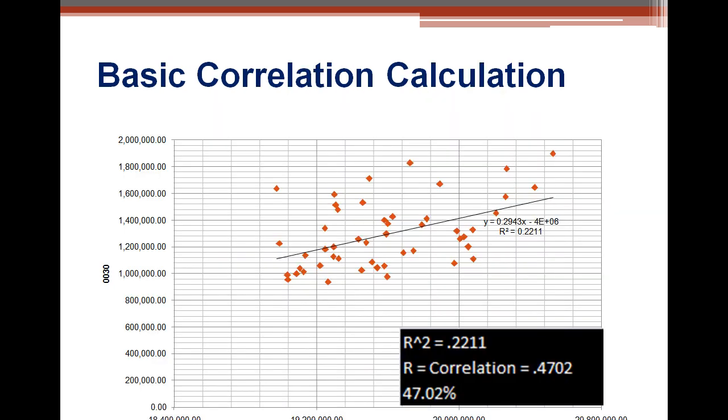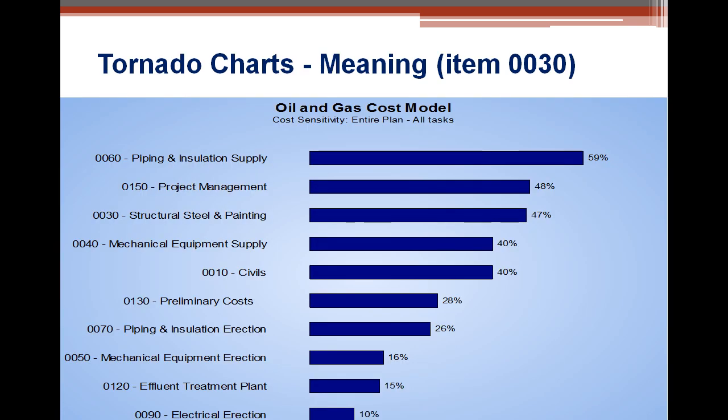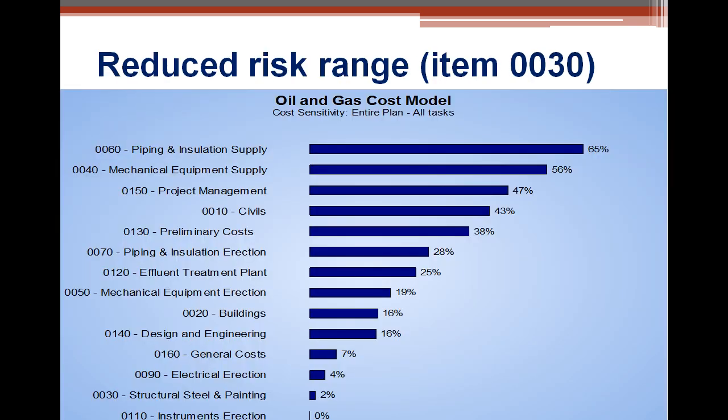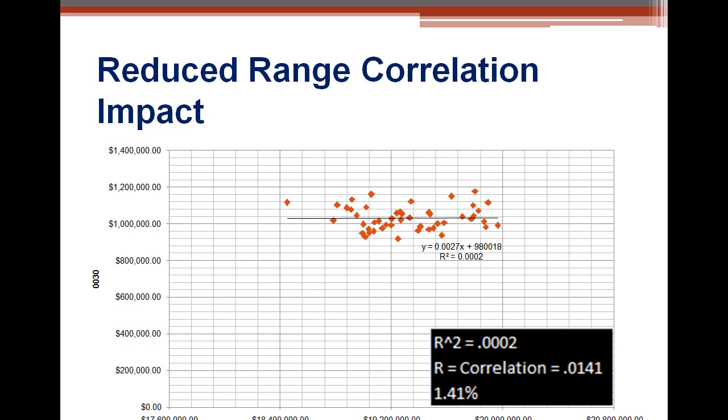I did some mitigation. Before it was $800,000 to $2 million for the structural steel and painting. So that's 47%. She said, well, we need to mitigate that. So we were able to take it to where it was 800,000 to 1.2. Whatever our mitigation steps were, that's another conversation. By doing that, now you'll notice no matter where structural steel and painting seems to go, it's not really affecting that best fit line or the regression line.